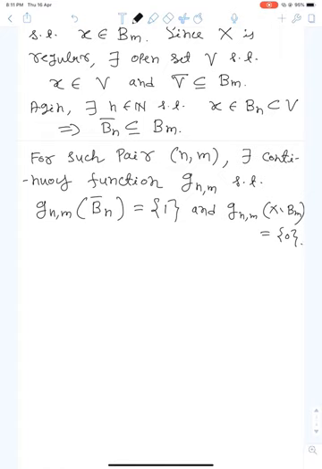Here we can also write it as a function from X to R such that this holds.